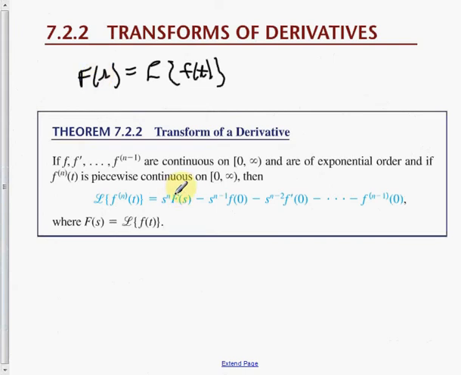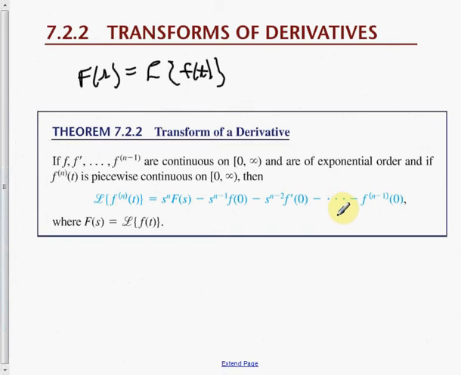So this is s to the n times the Laplace transform minus, so here the s's, their exponents will be counted in decreasing fashion, and then the initial conditions will be counted in increasing fashion. So think about it. This is s to the n, then minus s to the n minus 1, minus s to the n minus 2, until the s's go out.